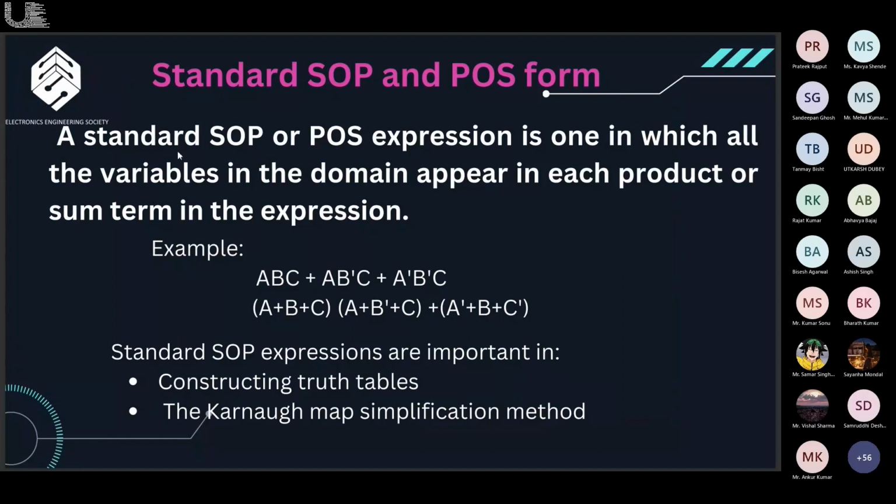I've already discussed that any standard SOP or POS expression is one in which all the terms of the corresponding SOP or POS expression contain all the given Boolean variables of that system. For example, you can see that in these examples, all the terms contain all three variables A, B and C. So this is an example of standard SOP and POS form.